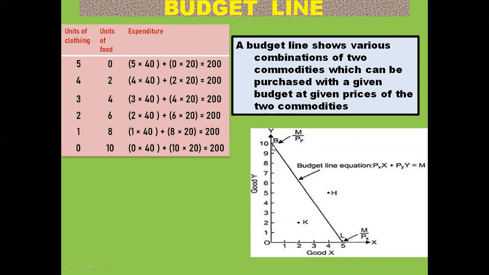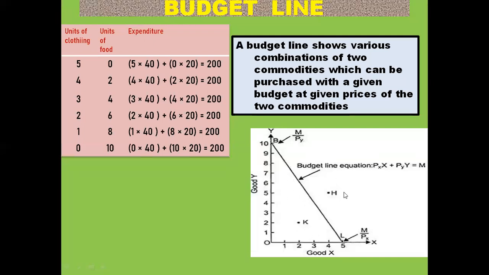Now here, how do we get M by Py, the vertical intercept? Here the consumer spends his entire income on good Y. So Px into X is 0, since X is 0 here, so Py into Y equals M. So Y equals M by Py, which is the vertical intercept. And these are the combinations which give both units of food and clothing consumption.